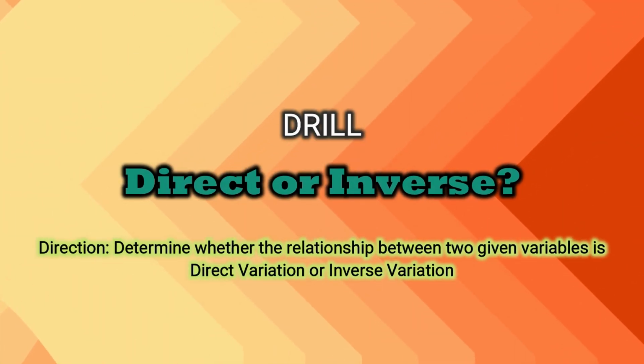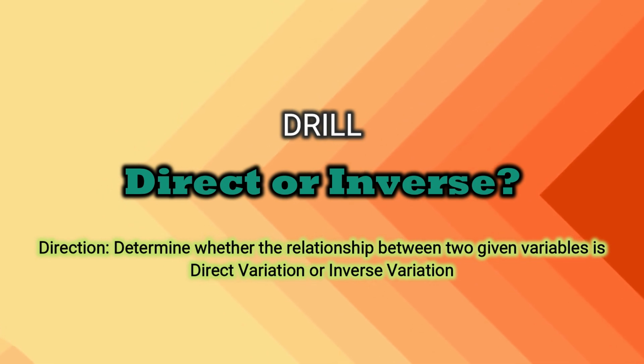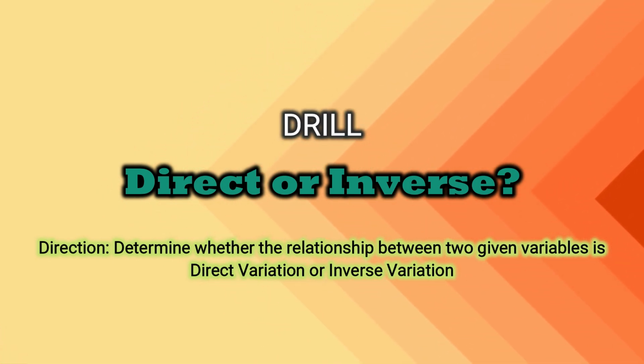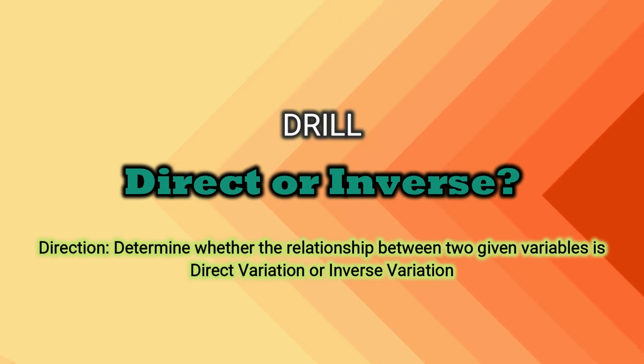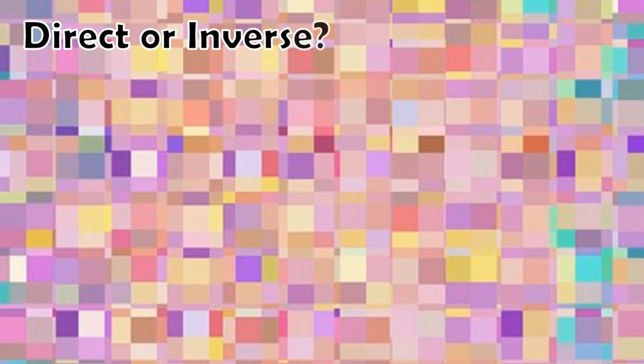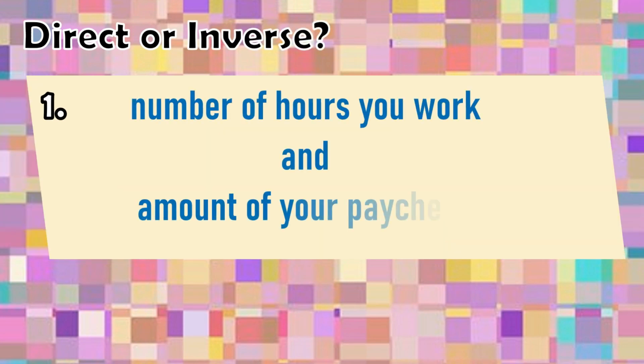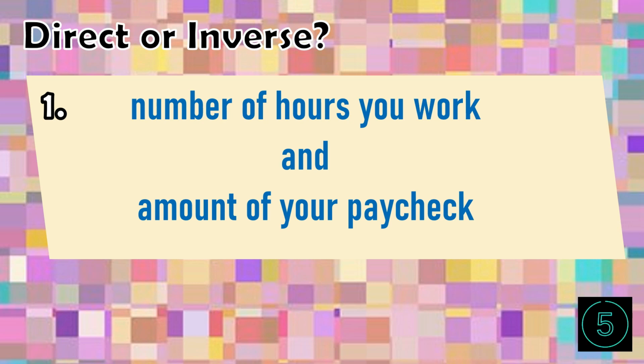To begin, let us have a short drill. You are going to determine whether the relationship between two given variables is direct variation or inverse variation. Number 1. Number of hours you work and the amount of your paycheck.